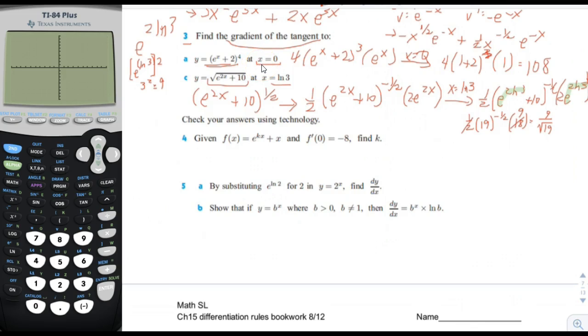And I'm supposed to get something like 108. I don't see anything. Okay. Let's do a zoom standard. Graph.